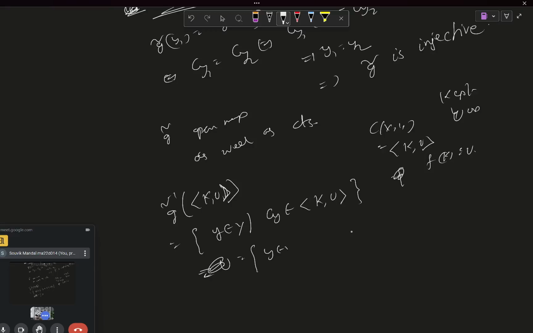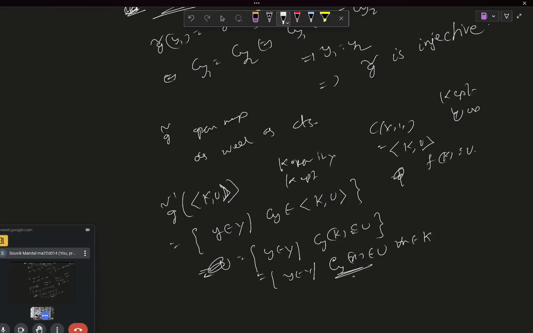Because y belongs to Y, c_y of K is open in Y, K is compact. So this implies c_y(x) belongs to U for all x belongs to K, and this is equal to small y. So this is equal to all. So g tilde inverse of [K, U] is equal to U. Okay.